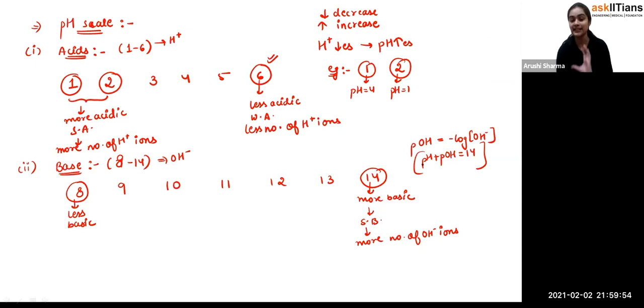Sorry, pOH decreases. And when the pOH decreases, the pH increases. So you can see that if it is more basic, whenever the OH ion increases, the pH also increases. You just have to remember this thing for now.